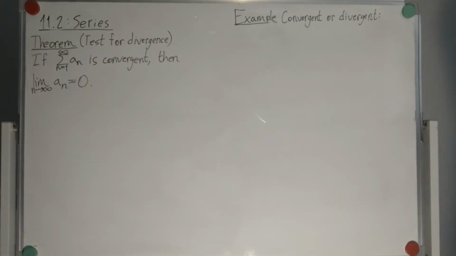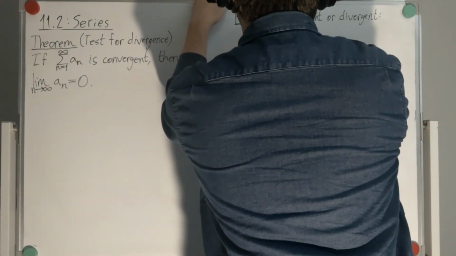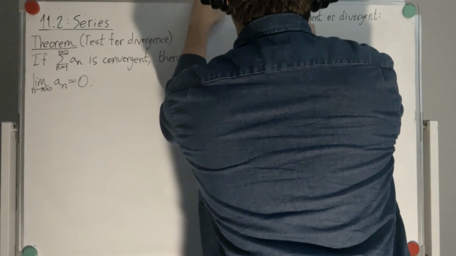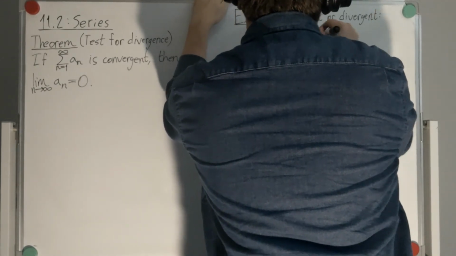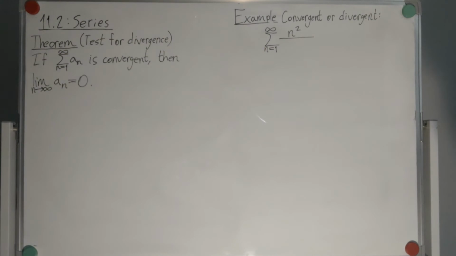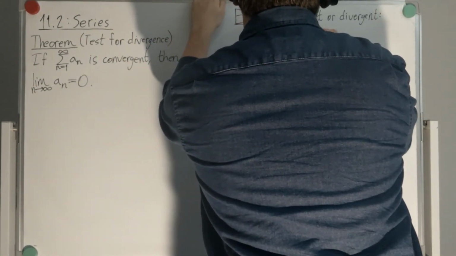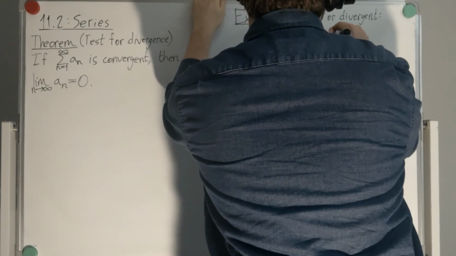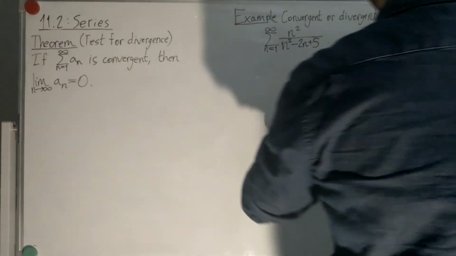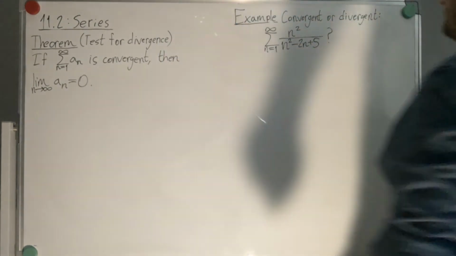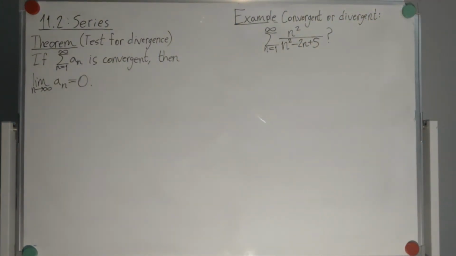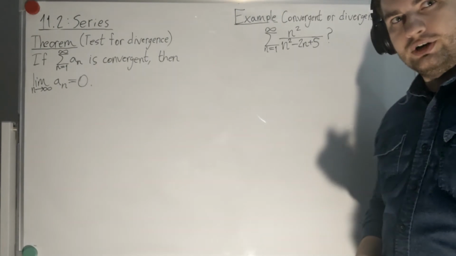So this one is the sum from n equals 1 to infinity of n squared divided by n squared minus 2n plus 5. Okay, so determine whether this thing is convergent or divergent.